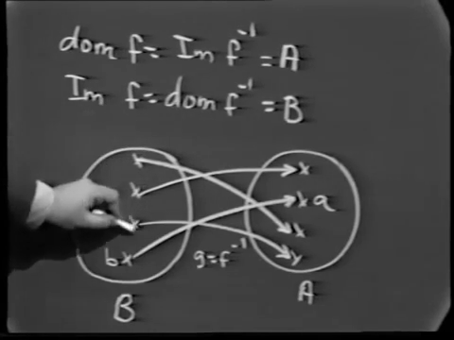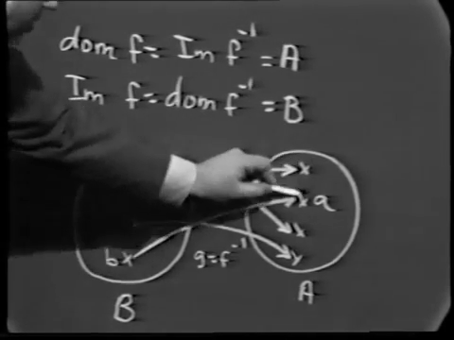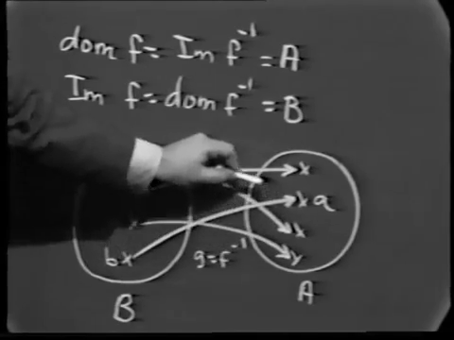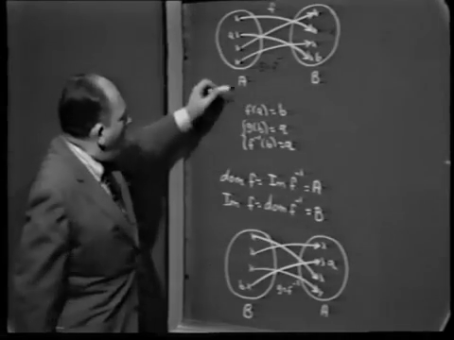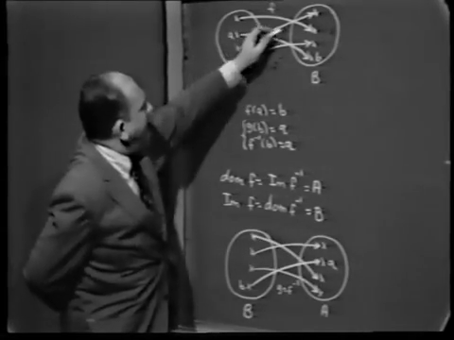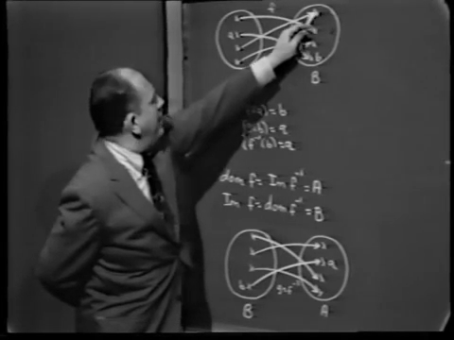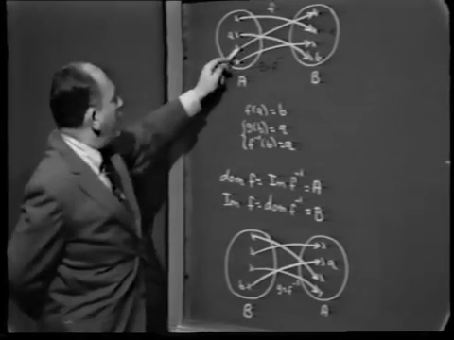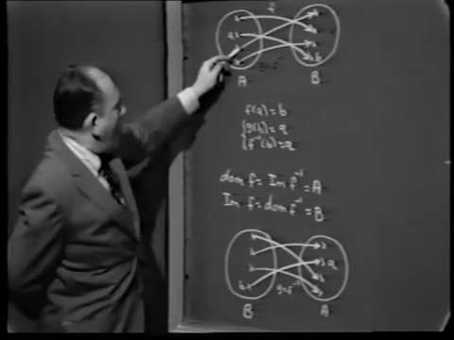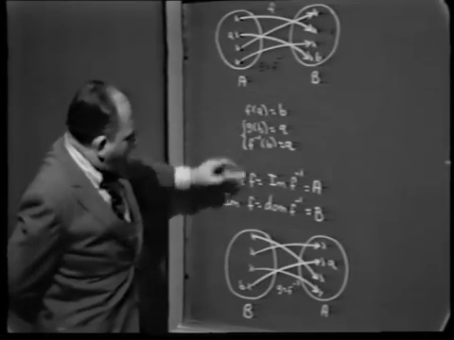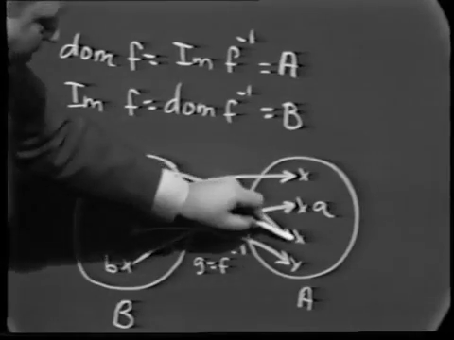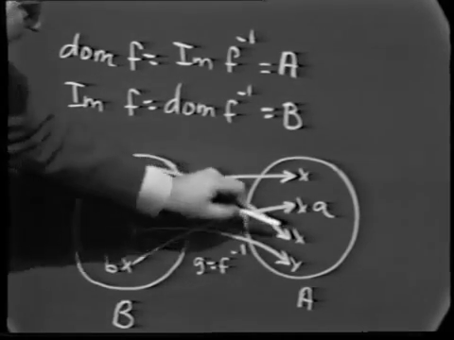Here are the elements of B. Here are the elements of A. And all we have to do is see what happens over here. For example, if we come back to here, notice that the first element listed in B comes from the third element listed in A. So when I make up the inverse function, I just capitalize on this by writing the same thing.